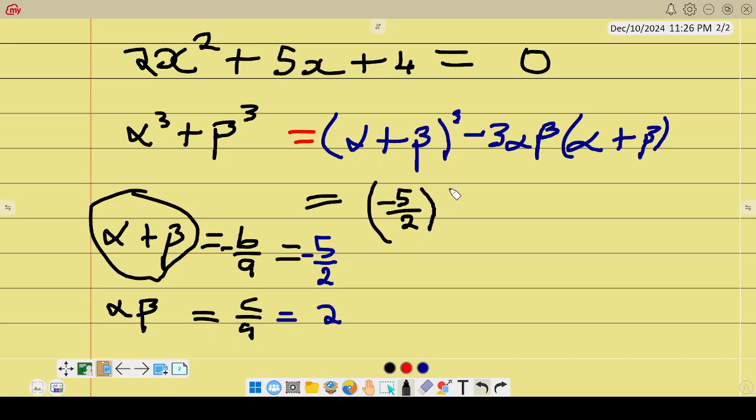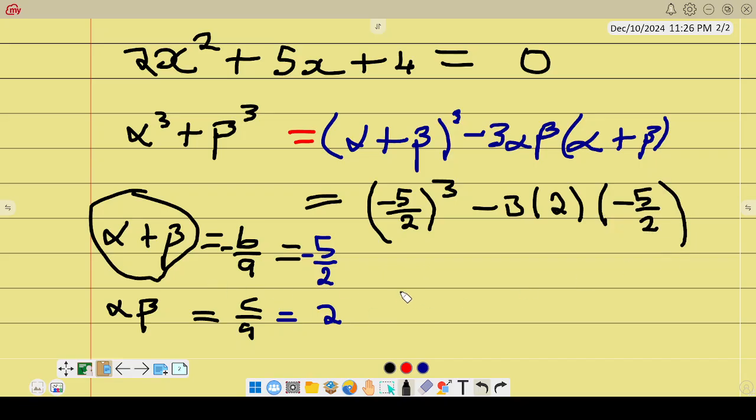You are seeing? And then we have a power 3 minus, we have this 3. What is alpha beta? It's c over a, which is 2. And then alpha plus beta, negative 5 over 2.